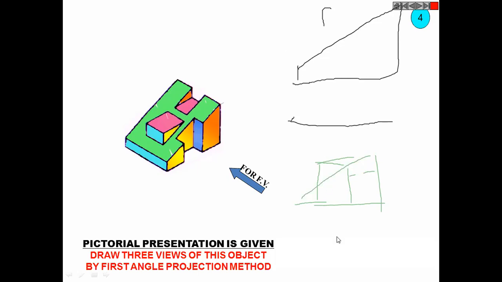So if I say, this is conceptually correct, but these things are not here. It will be just shifted this side.